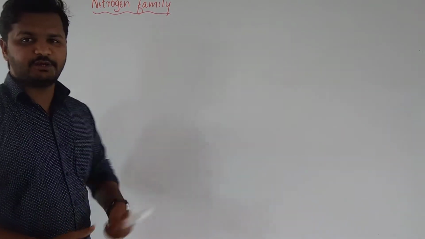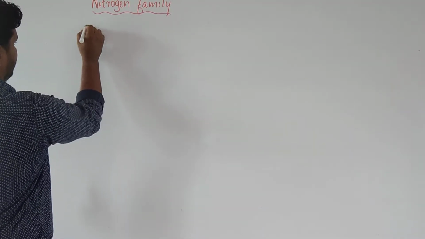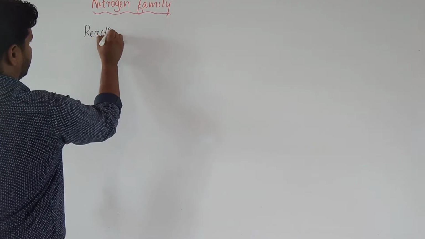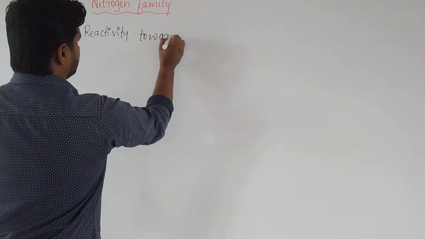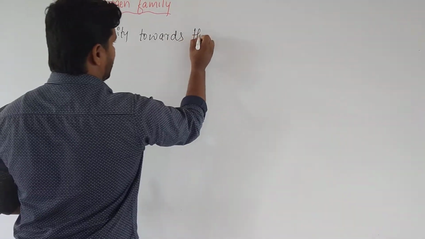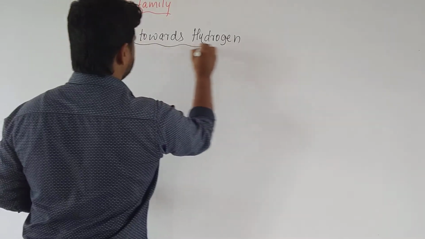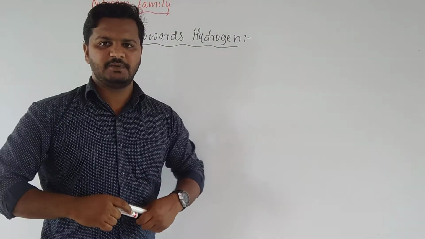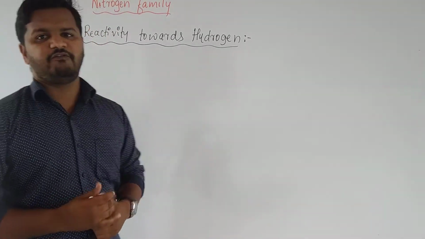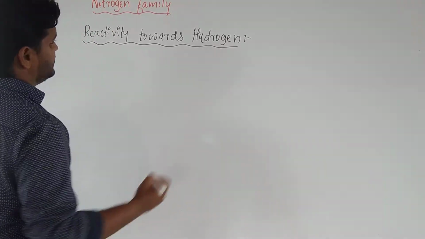And next one, chemical property, reactivity towards hydrogen. Reactivity towards hydrogen means here nitrogen family members, nitrogen, phosphorus, arsenic, antimony, bismuth, when they react with hydrogen, they form hydrides.